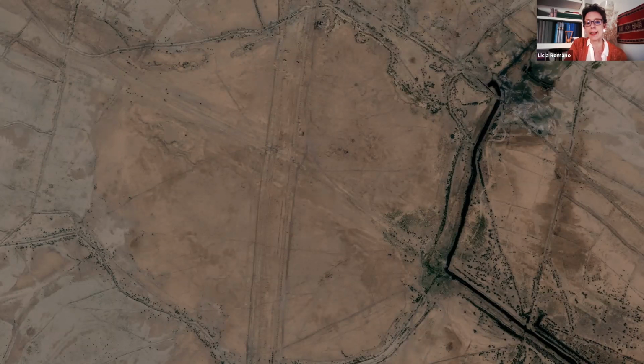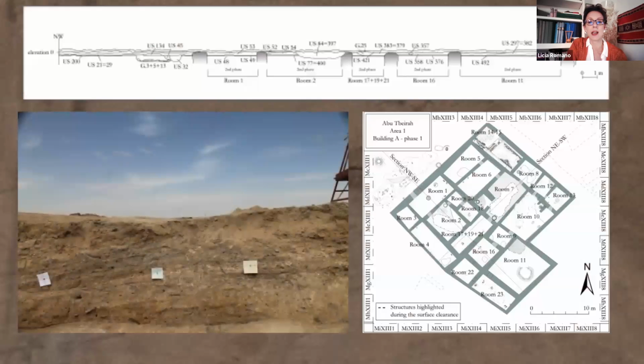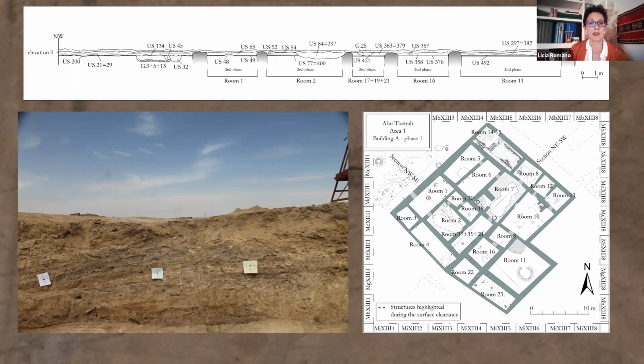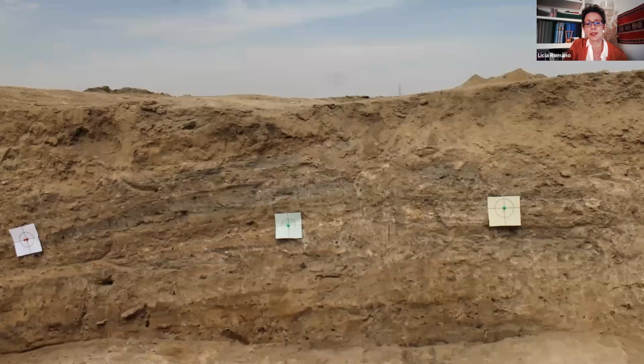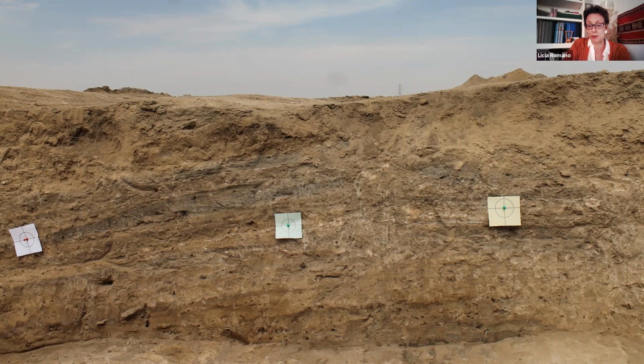And we might reconstruct that the reason behind the several abandonments of building A that we excavated this year is connected with some of these flooding events, whose evidence can possibly be this kind of layers that we found outside of building A, partially covering and also cut by some graves related to one of the building phases.